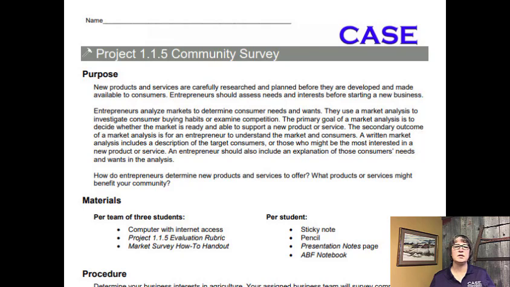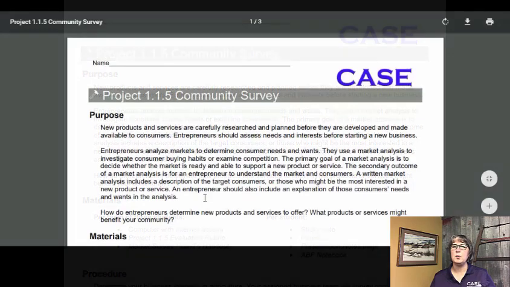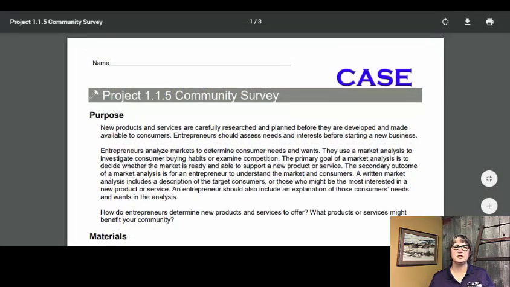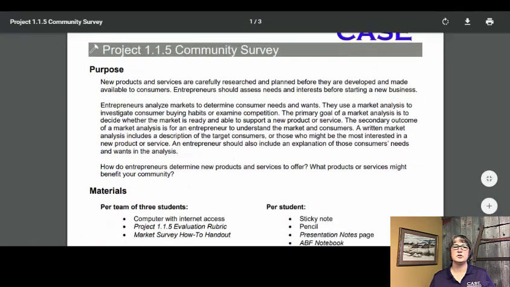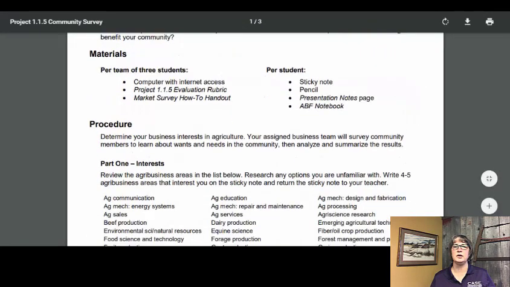Take some time and decide what groupings will work best for you, your students, and your school community. But you may want to wait to make a final decision on group size until after students have completed the interest inventory in Part 1 of this activity.